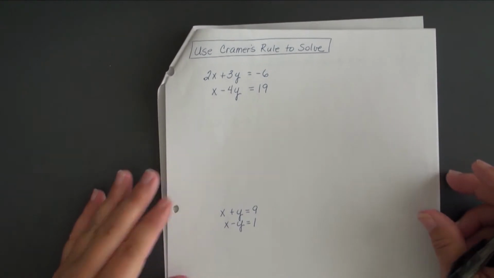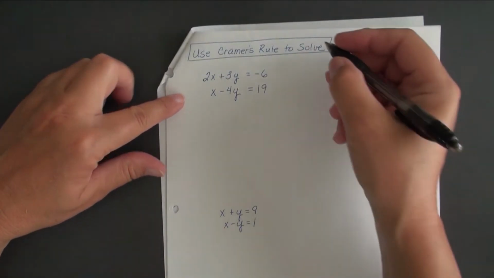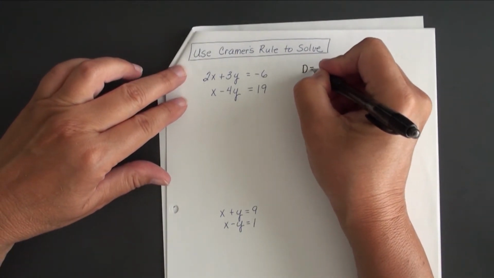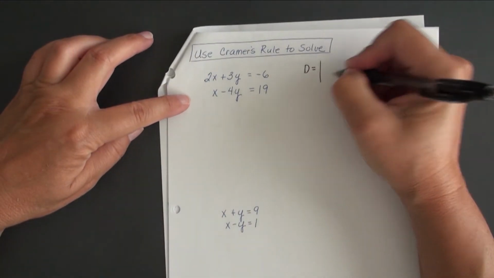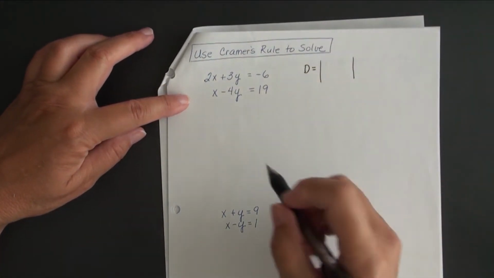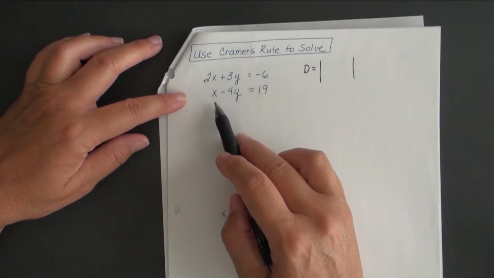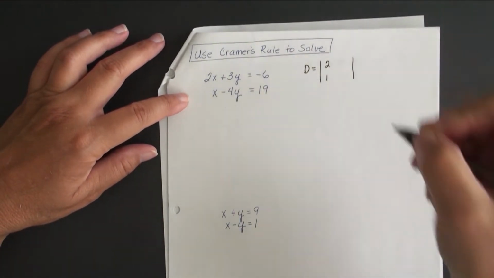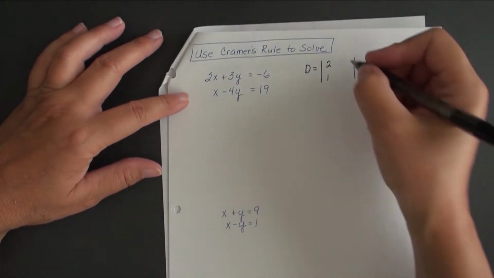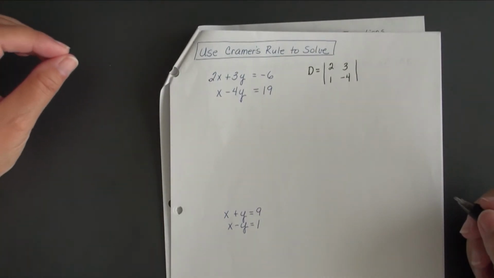Now let's use Cramer's rule to solve some systems of linear equations. The first thing that we do is set up some determinants. The first determinant is capital D, and it is a 2 by 2. The numbers contained within the determinant are the coefficients of the x's and the y's. So 2, 1, those are the coefficients of the x's, and 3, -4, those are the coefficients of the y's.